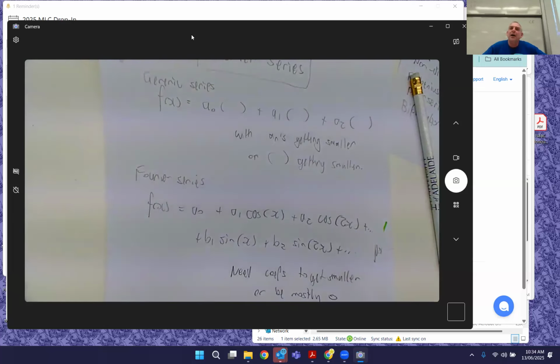The J's and the Y's. Sorry, Bessel functions. Yes. The Bessel functions for different nus are orthogonal. And so you can actually make Fourier series out of Bessel functions if you want.